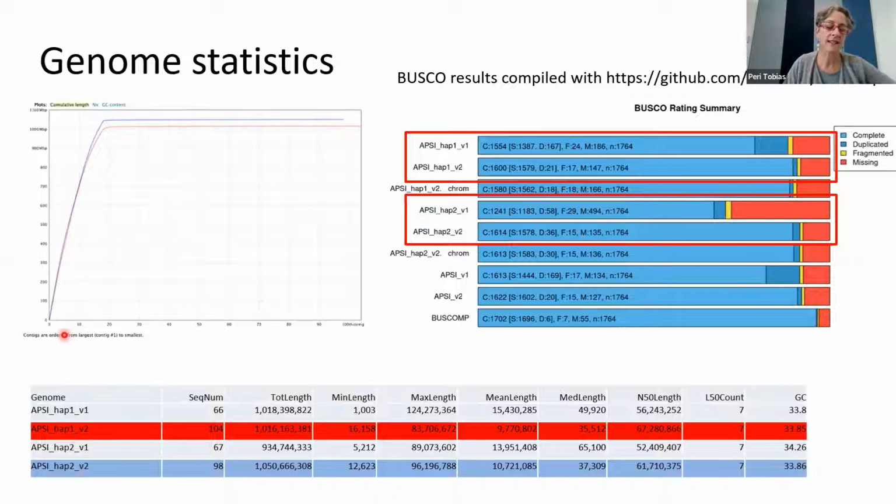So if you look at this graph here, you can see the size of the genome and the number of chromosomes, if you will, or contigs. You can see that both our genomes, the HAP1 and HAP2, are almost fully assembled at around the number 18.